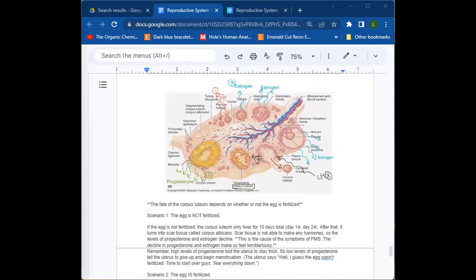And because it's not able to make hormones, the level of progesterone and estrogen are going to decline.